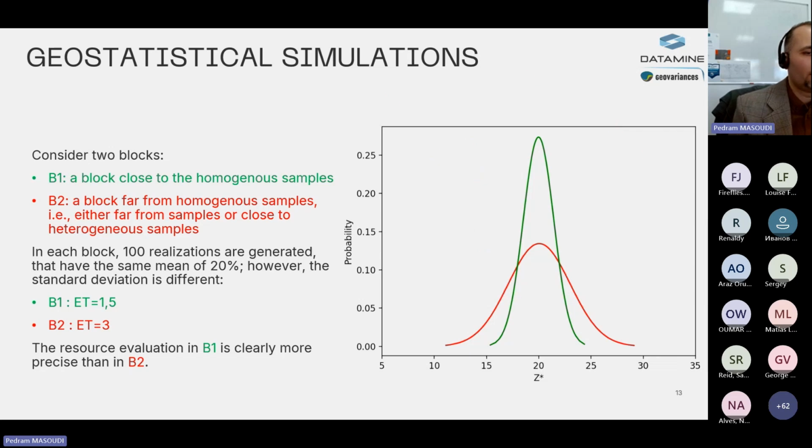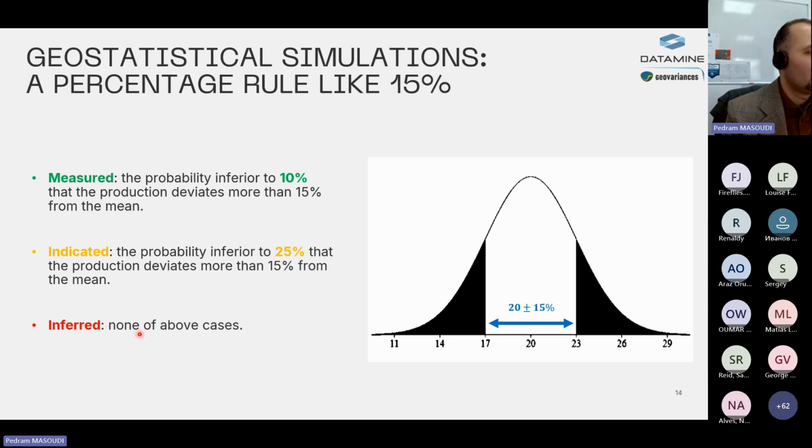So in this case, what we do is simply calculate the standard deviation, and it's also possible to calculate the probability of having the realizations within the 20% average, plus and minus 15%. 15% of 20% is 3, so it will be between 17% and 23%. If more than 90% of the realizations, the scenarios proposed by simulation, are in this area, usually we consider it as measured.